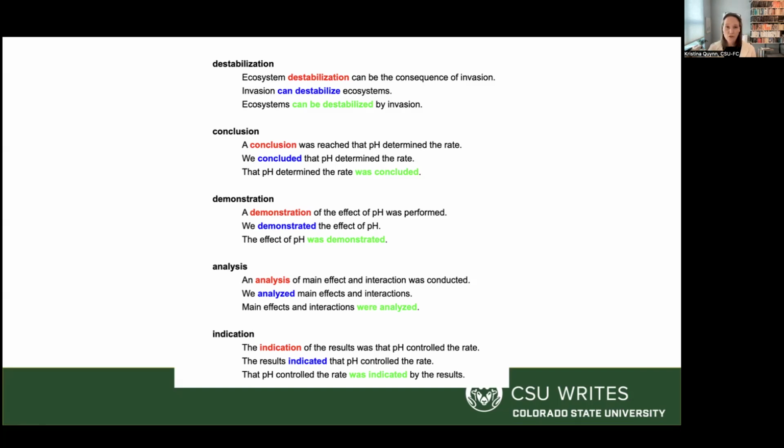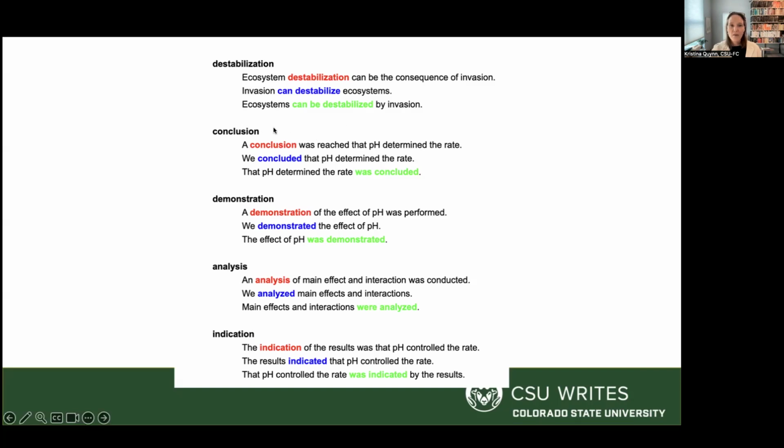It can be super useful for academics to talk about something that is a process of destabilization, right? That's complex, that pulls a lot of things together, but also notice that it goes really abstract very quickly. So if you get feedback that your writing is too abstract or people are having a hard time following it, it may be a problem with nominalizations for you to pay attention to.